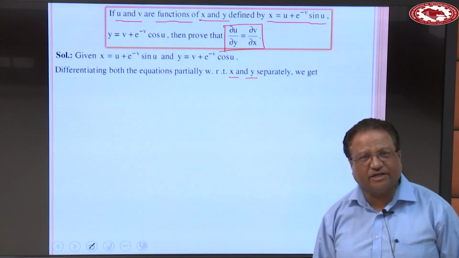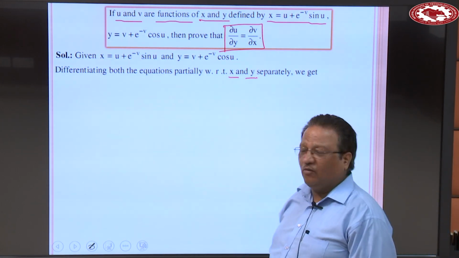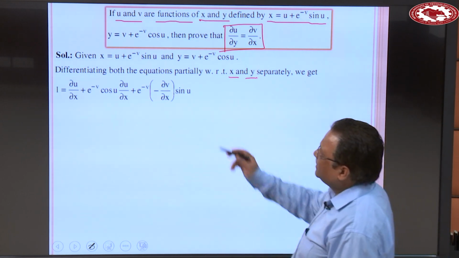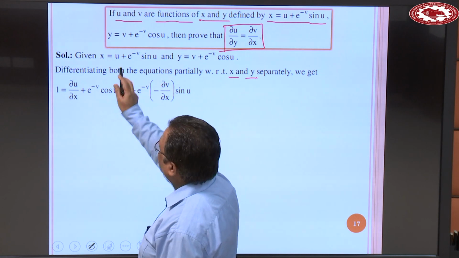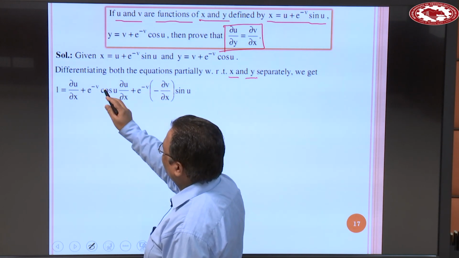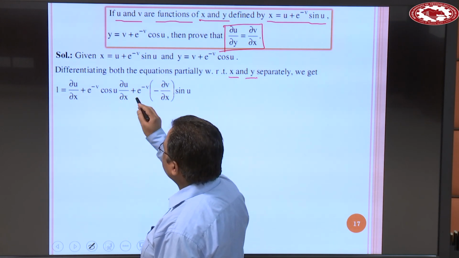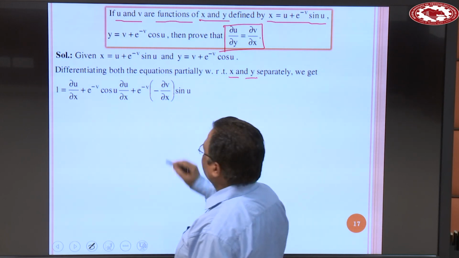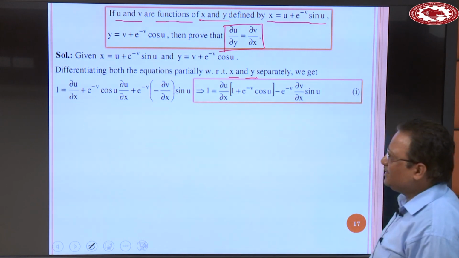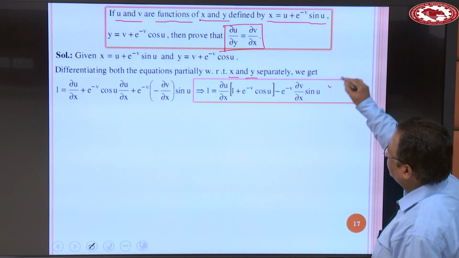So, we can differentiate only with respect to x and y. So, when you differentiate this first equation with respect to x, we obtain 1 equals curly u over curly x plus e raised to power minus v cos u curly u over curly x plus e raised to power minus v within the bracket minus curly v over curly x sin u, and simplify this one, we obtain this equation.